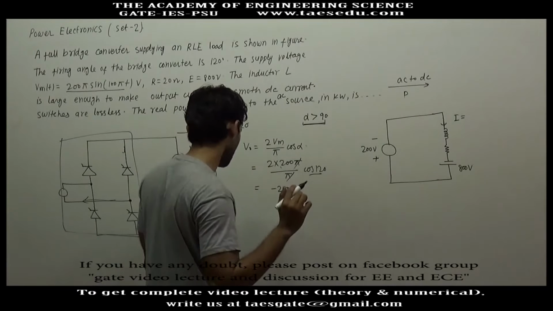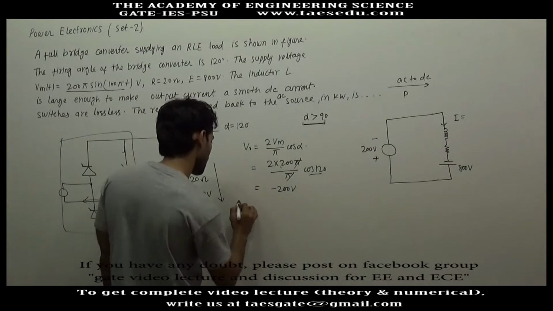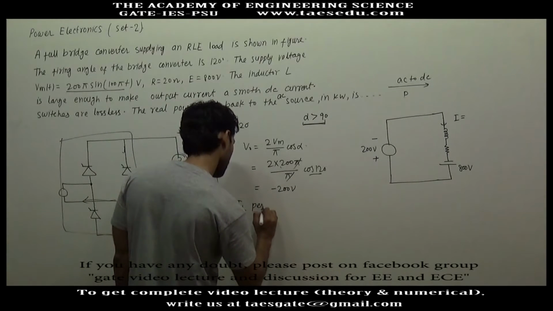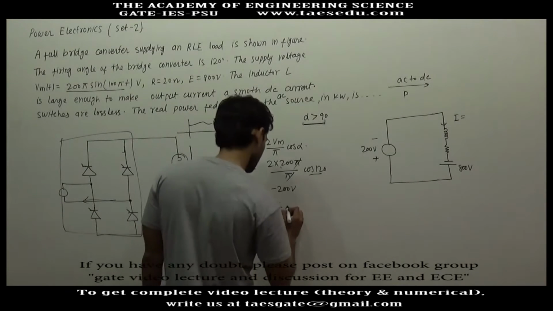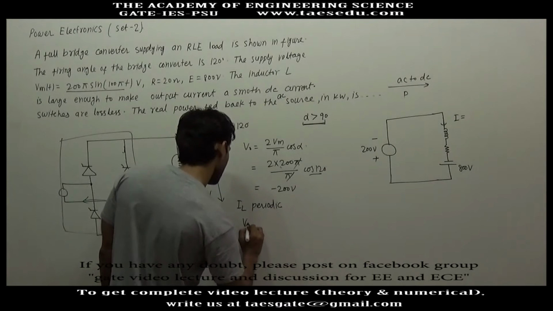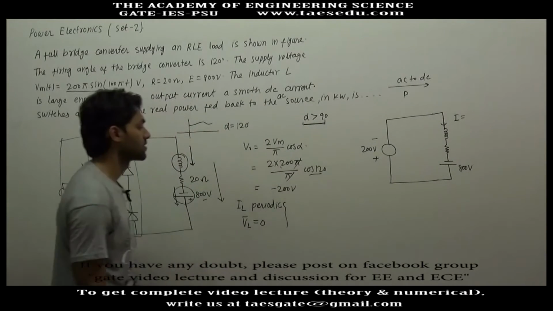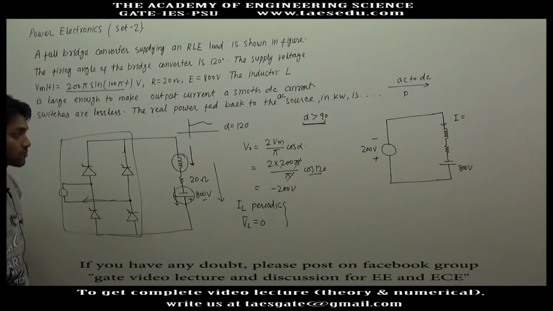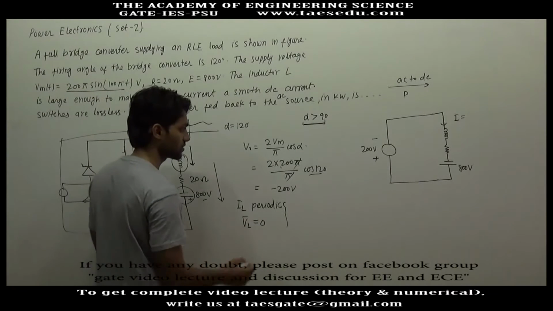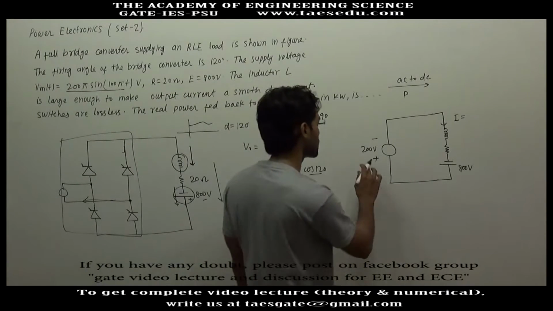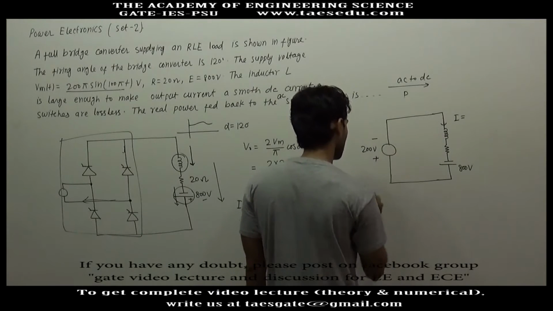Okay, we can say that if IL is periodic, this is a very useful concept. If inductor current is periodic, then average voltage across the inductor will be 0. This is called flux balance, and I have used flux balance throughout the phase control rectifier and chopper circuits.